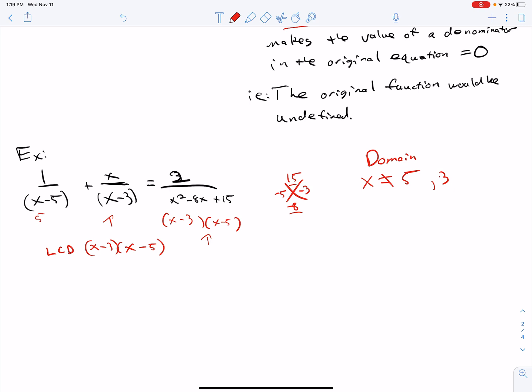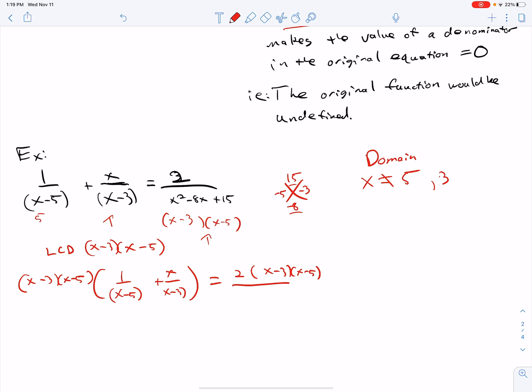So we're going to multiply both sides by x minus 3 times x minus 5. So we have x minus 3, x minus 5 times 1 over x minus 5 plus x over x minus 3 equals 2 times x minus 3, x minus 5 over, and I'll write it the same way, x minus 3 over x minus 5.